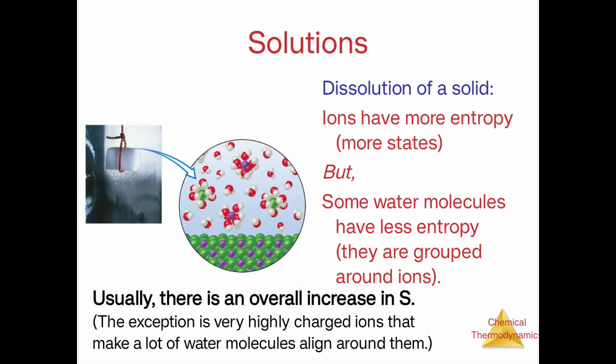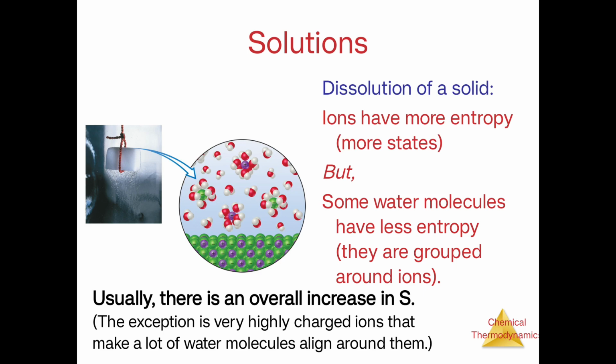Now, when you come to the solution, our area, dissolution of solid. You all know that ions have more entropy, which means they have more states. But the water molecules have less entropy because they are grouped around ions.